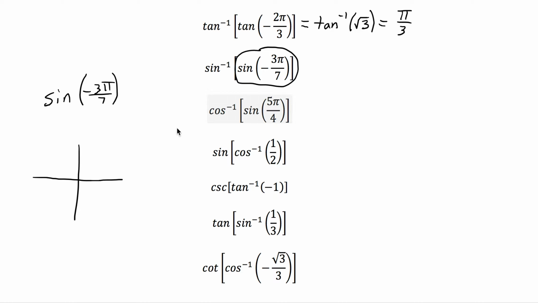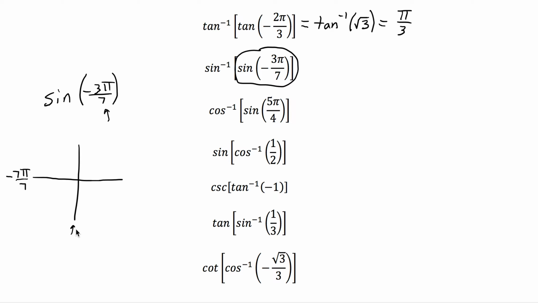So I know that I'm rotating in a negative direction, so I'm coming down. I know that if I were to go all the way over here, I would be at negative 7 pi over 7. Okay, and I'm using the 7s because that's the denominator in this. All right, so negative 7 pi over 7. Half of that would be this line right here.